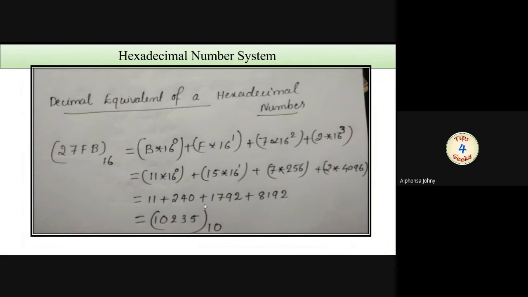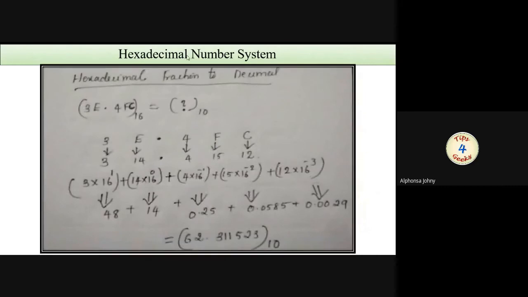Upon simplification, we will get 11 plus 240 plus 1792 plus 8192. When we add these four numbers, we will get the result as 10,235 to the base 10. So the hexadecimal number 27FB is equivalent to this number in the decimal number system.